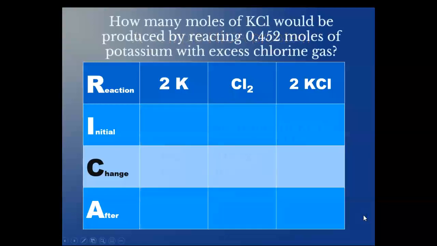There's the problem on top. So we're going to put 0.452 moles of potassium in the initial slot. We have excess chlorine next to it, and we don't start off with any potassium chloride. Now what? We have the equation on top that tells us how much chlorine is needed for 2 moles of potassium.